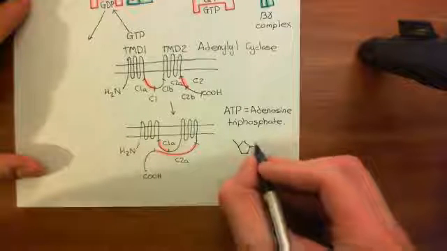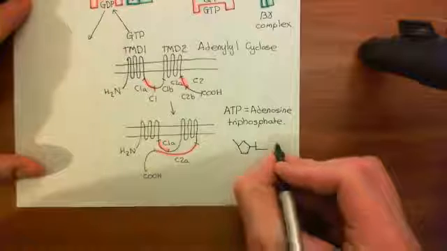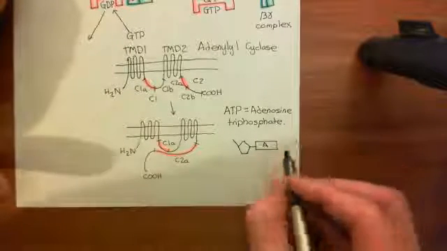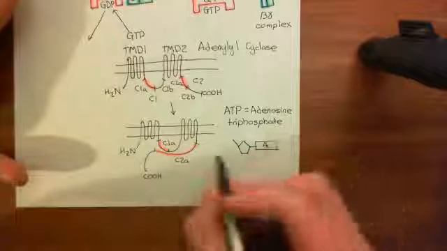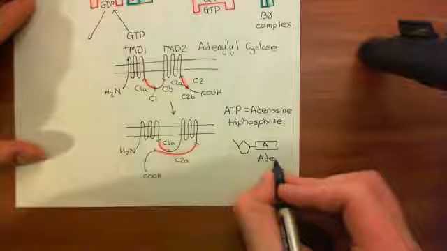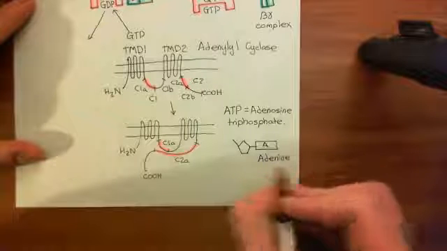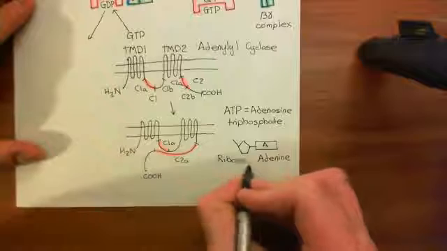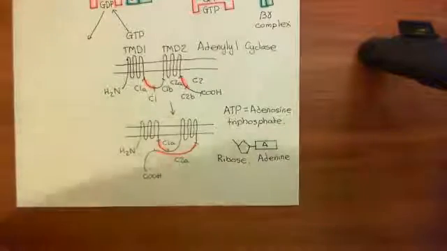Now, basically you can bind ribose to organic bases, and if you bind it to the organic base adenine, the entire molecule is called adenosine. So adenosine means an adenine organic base bound to a ribose sugar. Let's colour in the different portions.